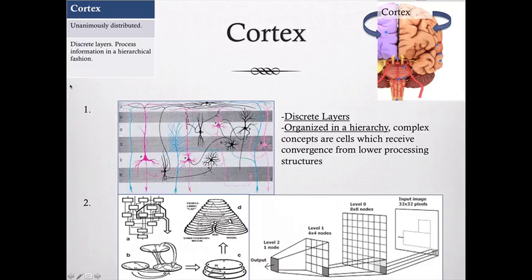So now we have the cortex, which is essentially the big computational sheet here that's layered in 6 layers. They're discrete layers and they're organized in a hierarchy. What we mean by a hierarchy is just that, let's say, like your eyes, you'll receive information from the nerves, and we'll call it V1, has all of these little tiny pixels here that maybe will detect if it's a straight line, curved line, whatever.